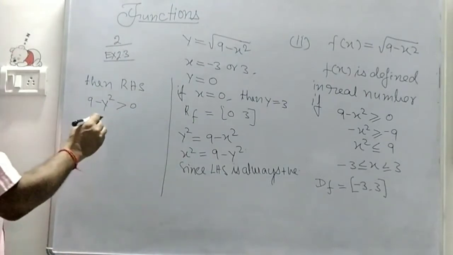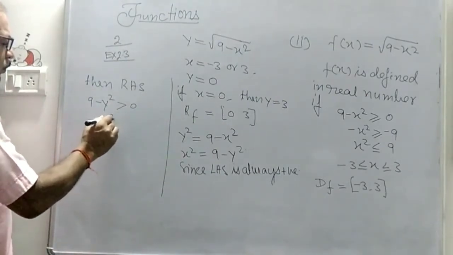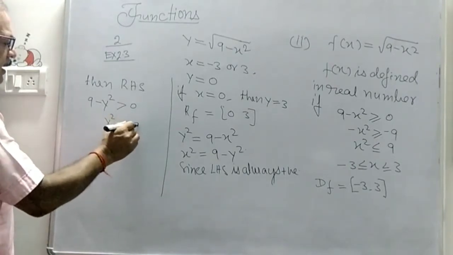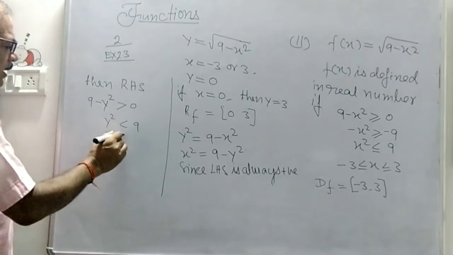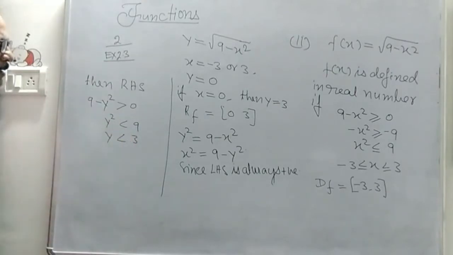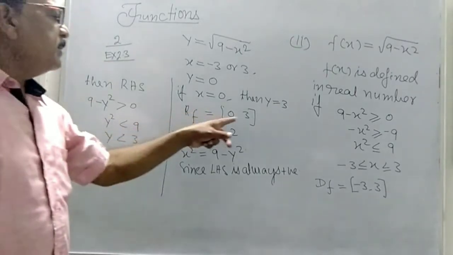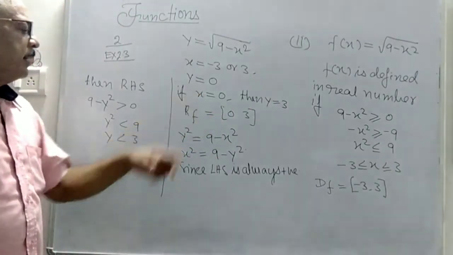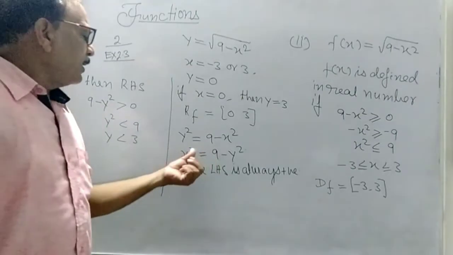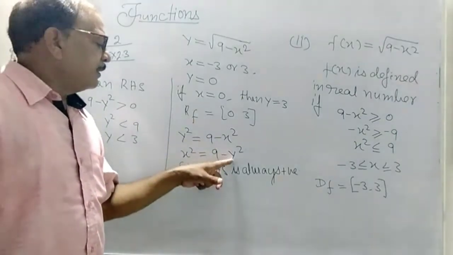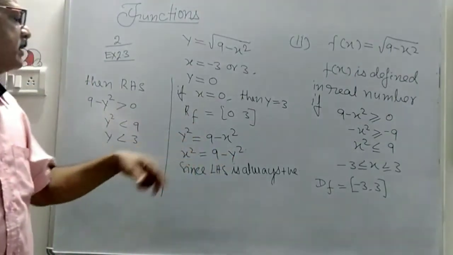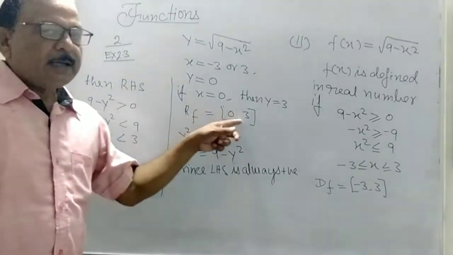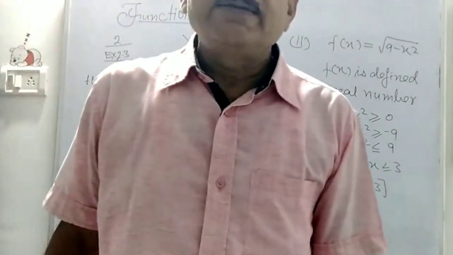It means that y square is less than or equal to 9, so y is at most 3. This explains that the range lies between 0 and 3.